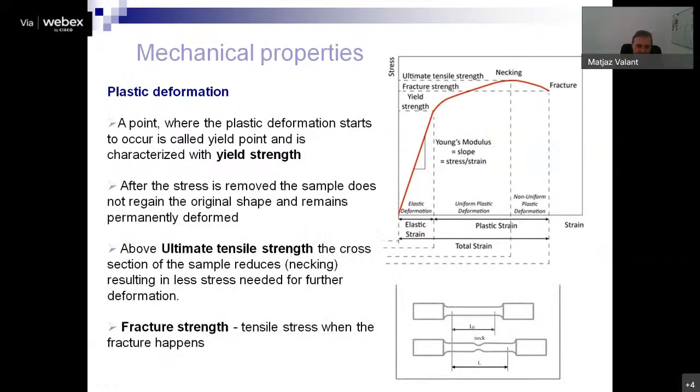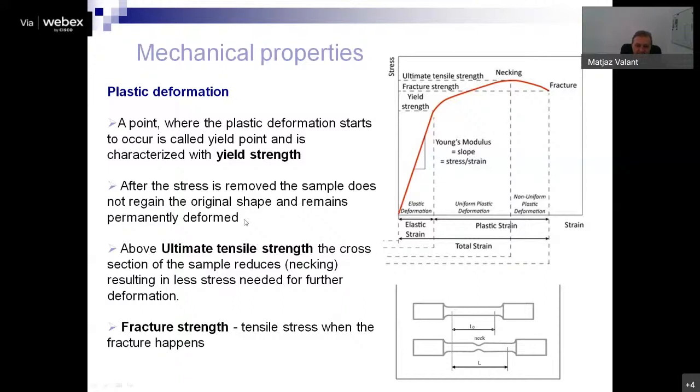About plastic deformation. We said that plastic deformation starts at the point which we call the yield strength. After the stress is removed, we don't get the original shape of the sample anymore, but the sample remains permanently deformed.